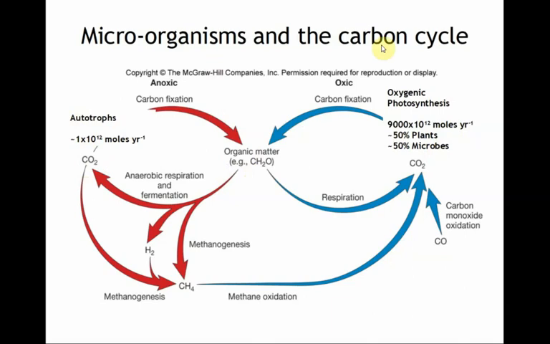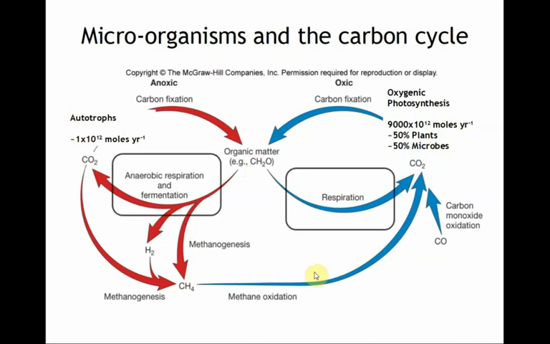Okay? And in terms of photosynthesis, then about half of it is down to plants and half of it is down to marine microorganisms. Not all of them bacteria. This is including diatoms, cyanobacteria, everything, okay? Microscopic algae. Now, that's basically what everybody knows.